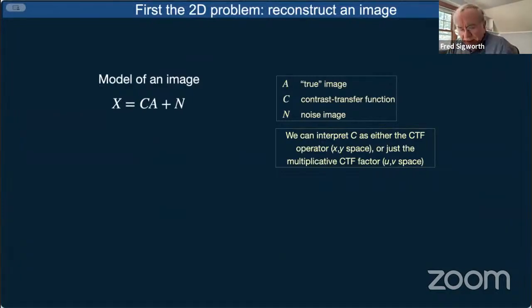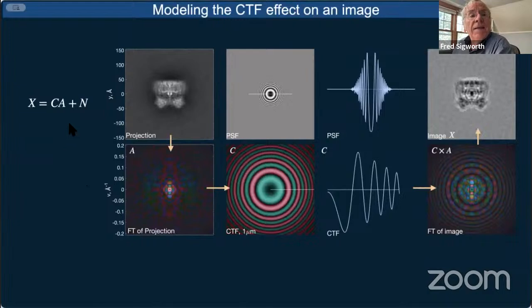To think about how we're going to do reconstruction, I want to start with a 2D problem: let's reconstruct just a 2D image from a bunch of noisy copies. We know how this is going to work.